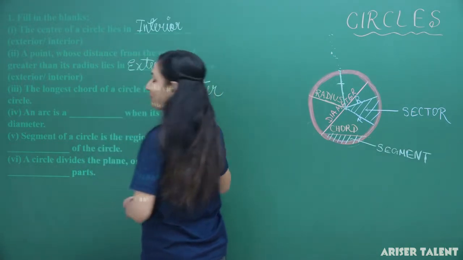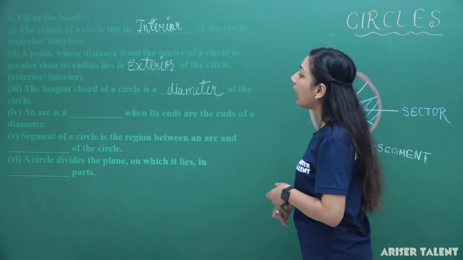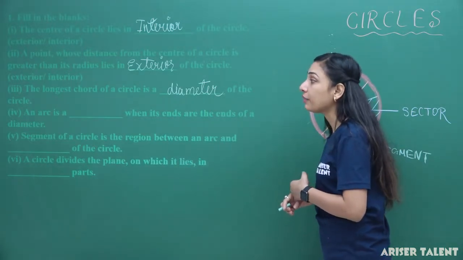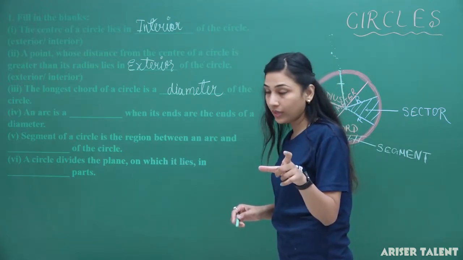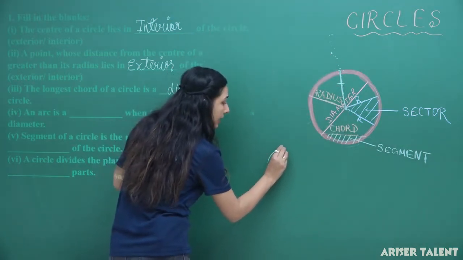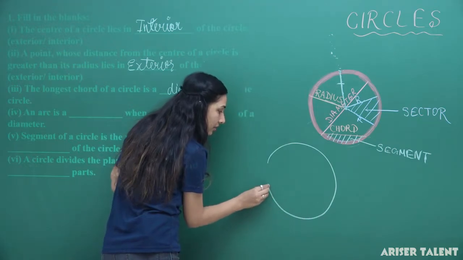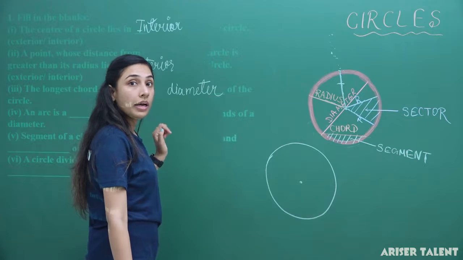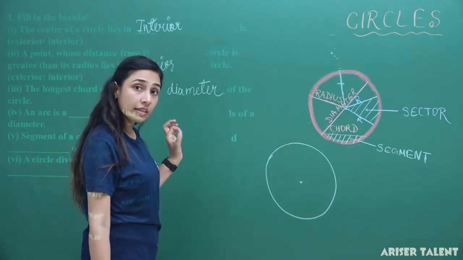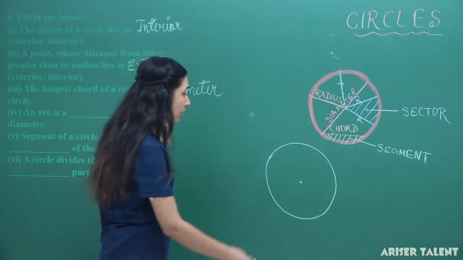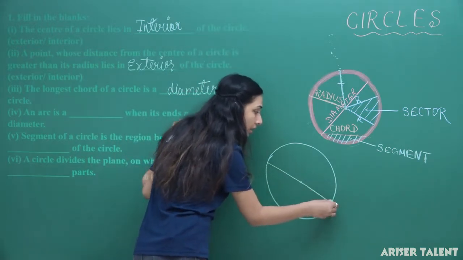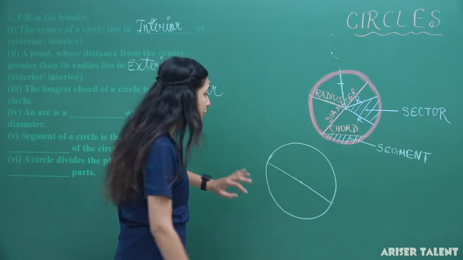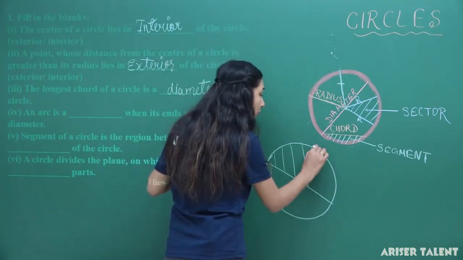Understood this? Okay. Now, the next: an arc is a dash when its ends are the ends of a diameter. So, if I make this circle like this, it says the ends of the arc are the ends of a diameter. If I put this as a diameter, it divides the circle into two equal halves.